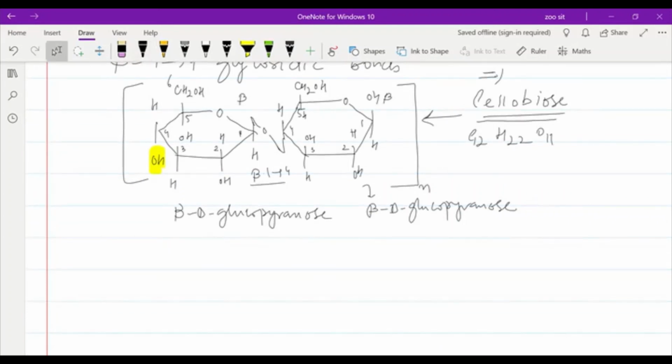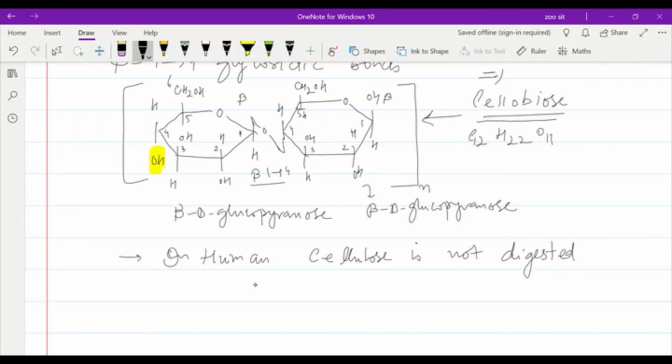And as for cellulose, it's not digested in human bodies. In humans, cellulose is not digested because in the human digestive system, the enzymes that can digest starches are alpha amylases.